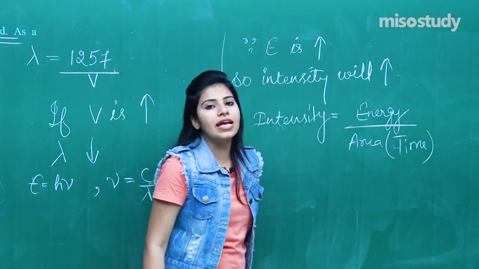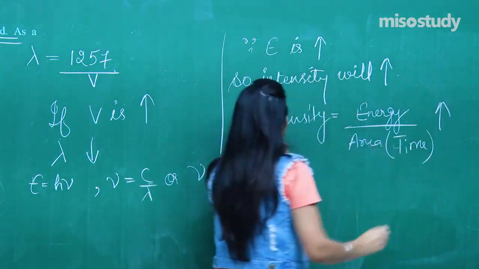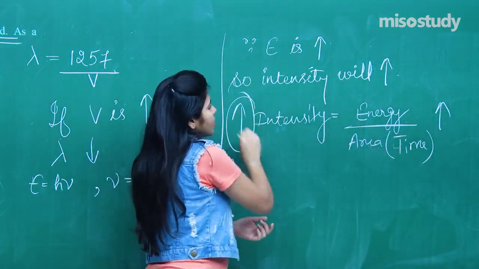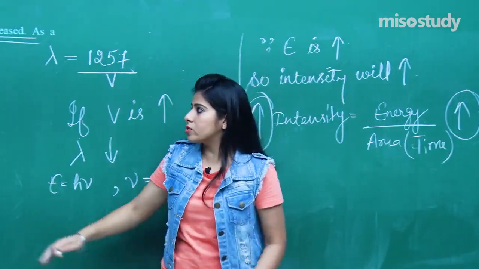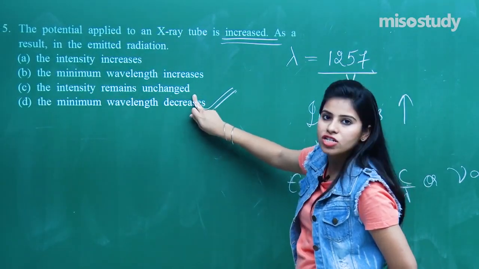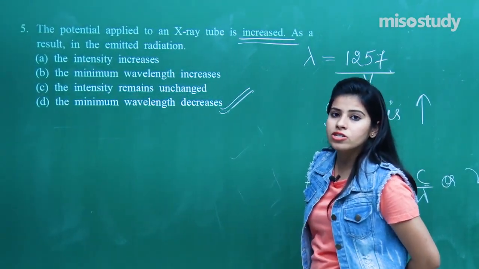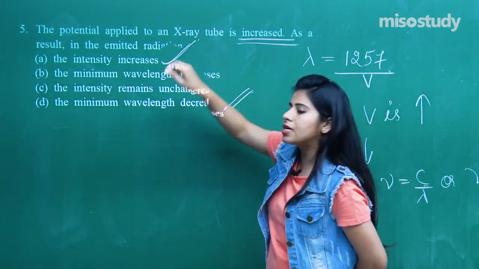This is your intensity. So definitely if energy is increasing, your intensity will be increasing. So that means intensity increases, not remains unchanged. It will not remain unchanged if the wavelength is decreasing. So intensity increases.